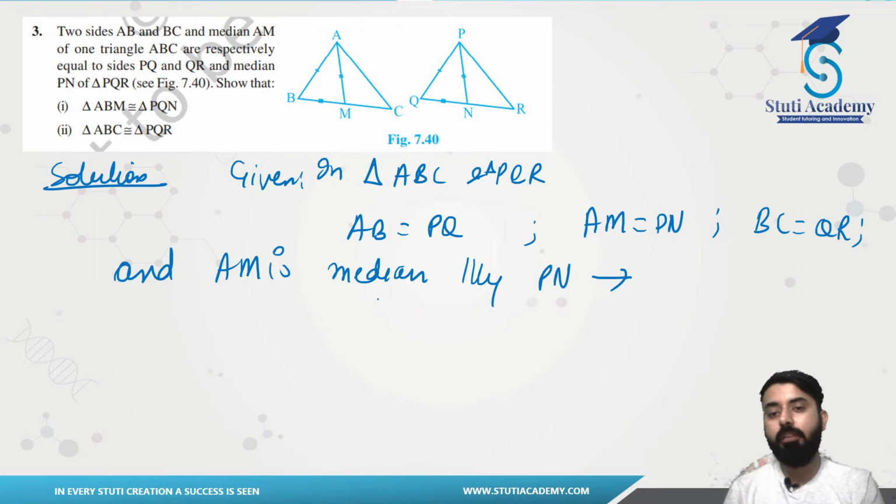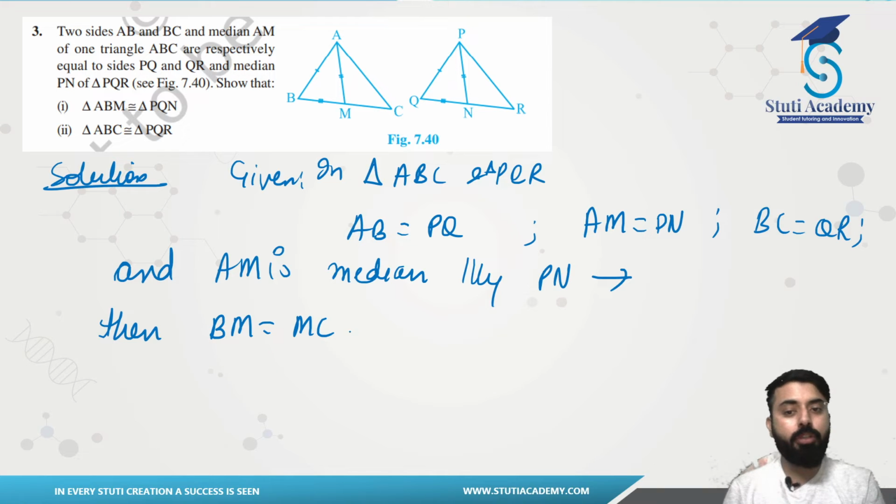So you guys see, if AM is median, then BM is equal to MC, or you can say CM. Let's just write it accurately. Let's call it CM. Sorry.